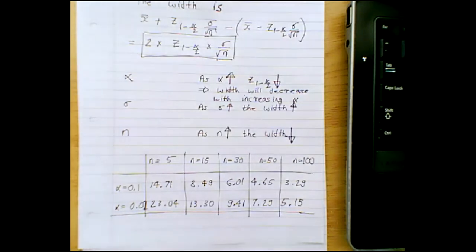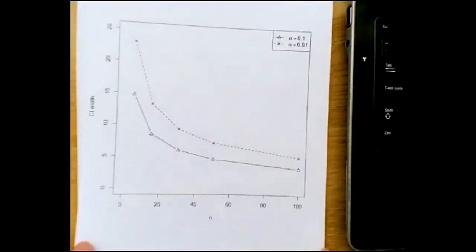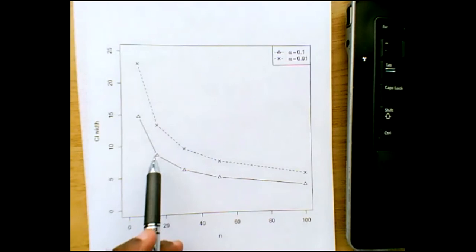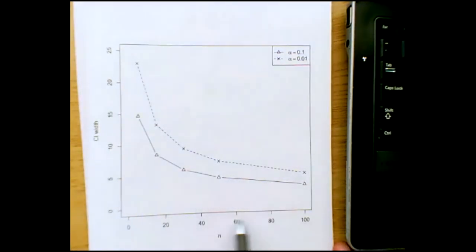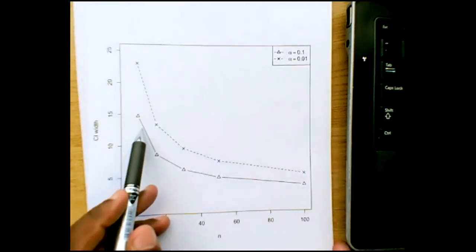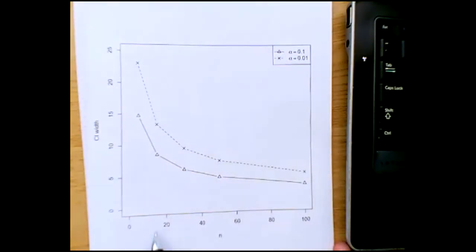The next thing I'm going to do is to plot. The question is asking you to plot these values versus n for alpha is 0.1 and alpha is 0.01. If you do that, this is what you will get. I have plotted using R. The dotted line corresponds to the values of width when alpha is 0.01, and this line corresponds to the values of the width when alpha is 0.1, and n goes from 5, 15 up to 100.